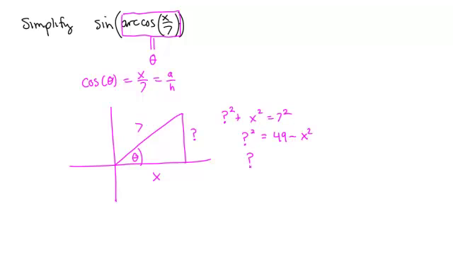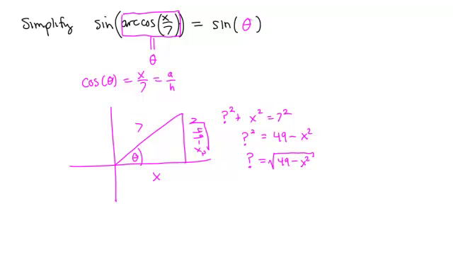So the opposite side has to be the square root of 49 minus x squared. Note that this is not the same thing as saying 7 minus x, because square roots don't distribute. So now I know the missing side. Now we've got as much of this angle figured out as we possibly can.